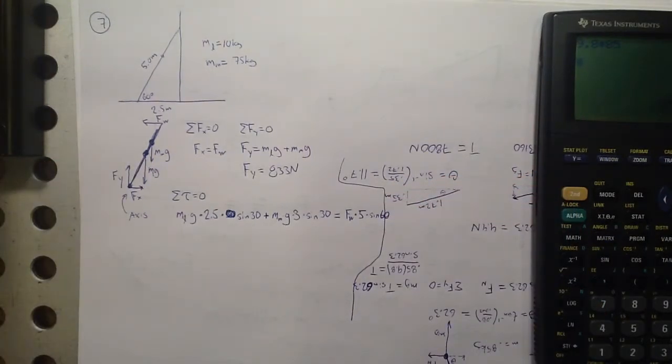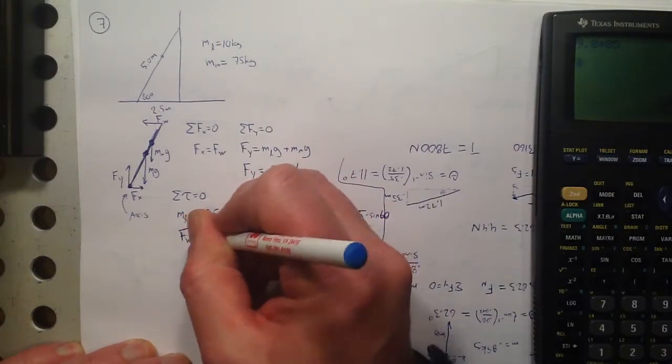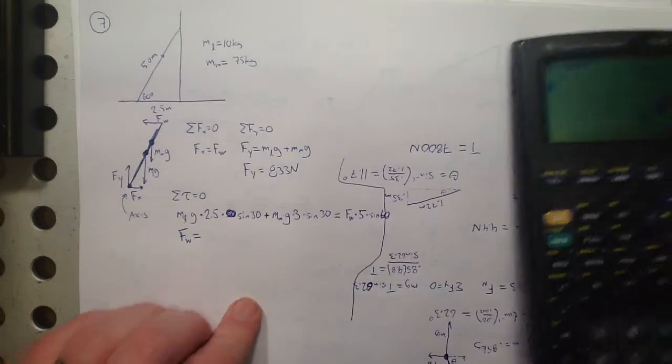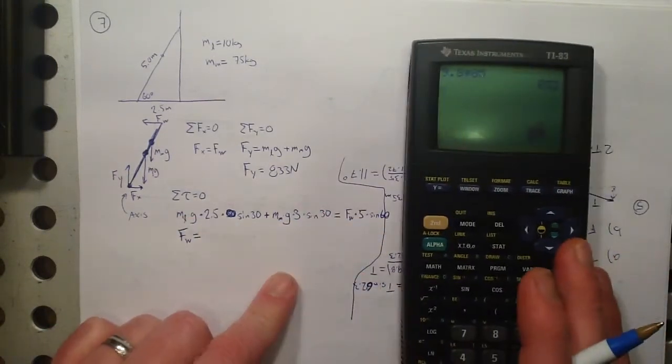So that's an equation there. I think if you wrote that equation right, that's worthy of a pat on the back. So I can solve for the window force. That's the only unknown in this equation. So the window force would be all this stuff divided by 5 sine 60.